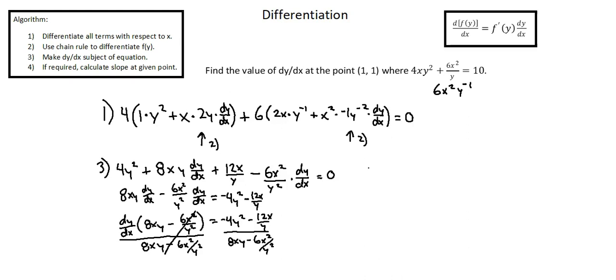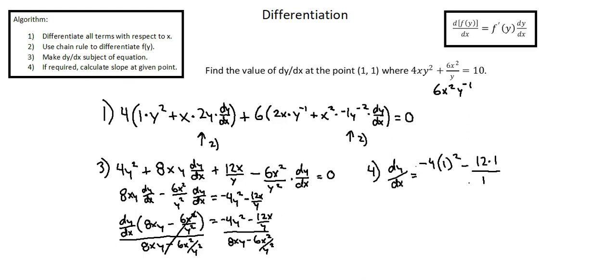So moving on to step 4, from step 3, dy over dx equals, and now the right side of the result from step 3, in that expression, we'll replace all x values with 1 and all y values with 1. Those are the x and y coordinates of the point given in the requirement. So we have negative 4 times 1 squared minus 12 times 1 over 1.